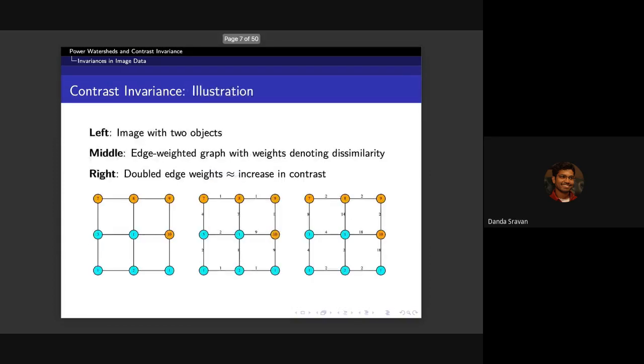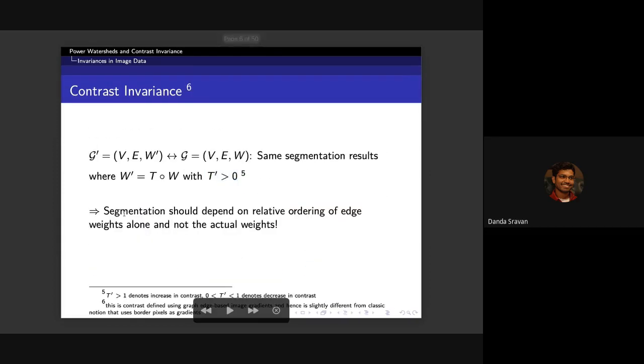But the basic idea is that the segmentation results I obtain on the graph should only depend on the relative ordering of the edge weights and not the actual weights. This is something we want if we want contrast agnostic segmentation solutions.